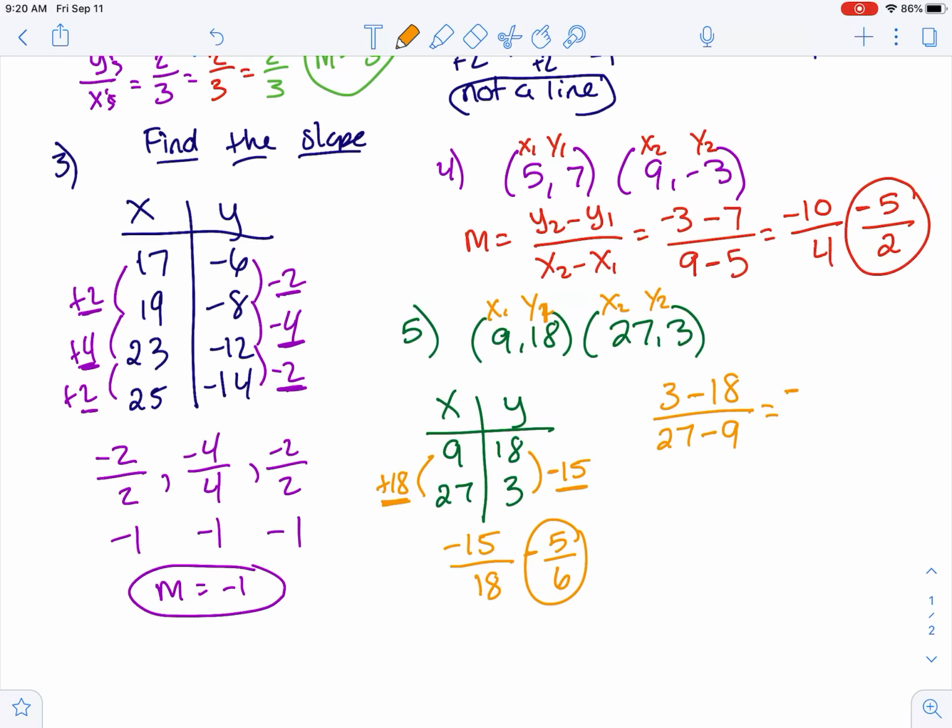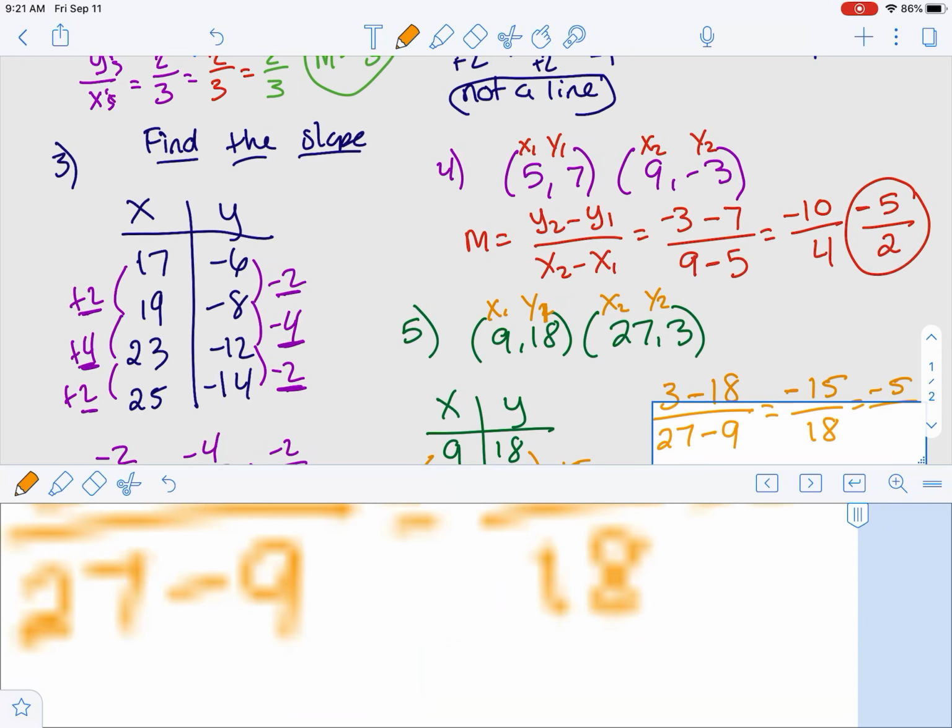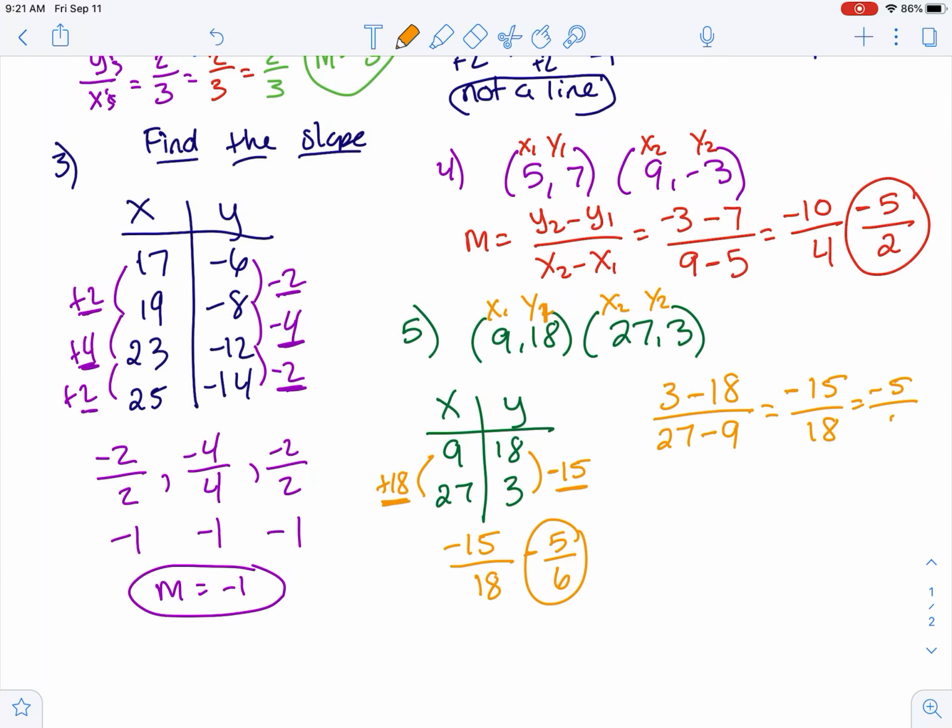So we get -15 over 18. That looks similar, right? I can pull a 3 out of top and bottom. So -15 divided by 3 would be -5. 18 divided by 3 would be, oh boy, 6. And there's your slope.